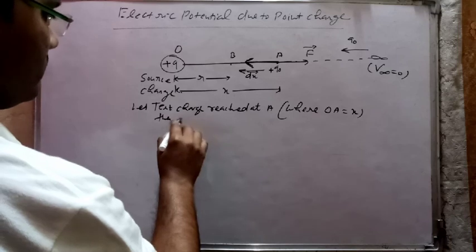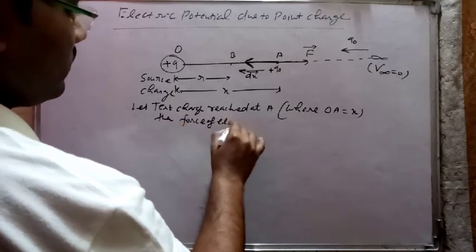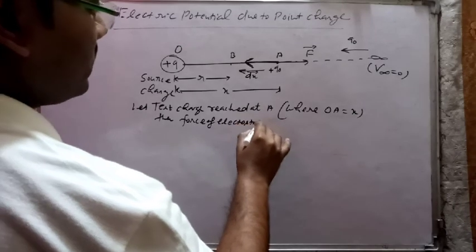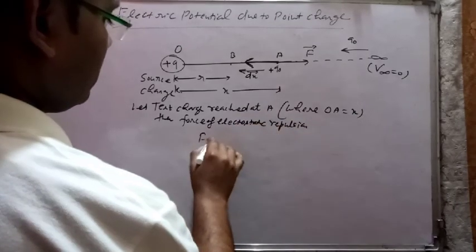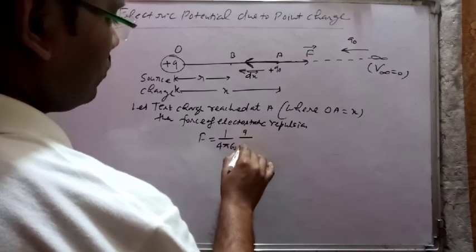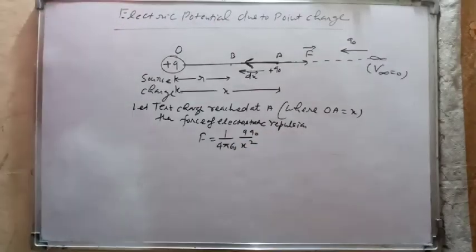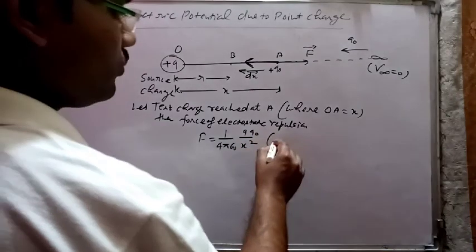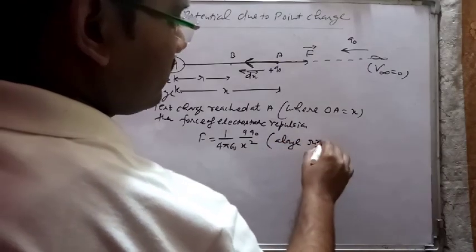Then the force of electrostatic repulsion F is equal to 1 divided by 4 pi epsilon naught, Q Q naught by x square, along the right direction.